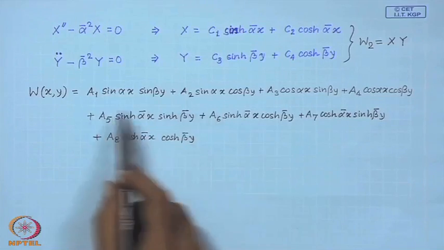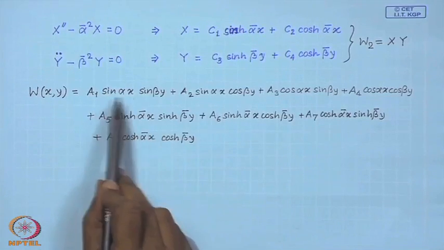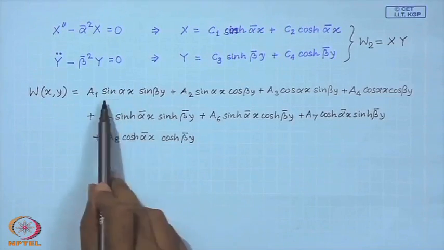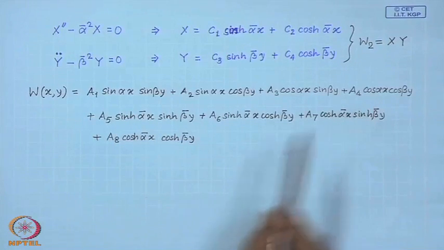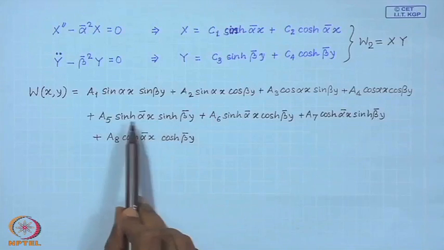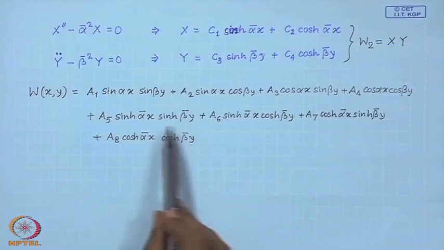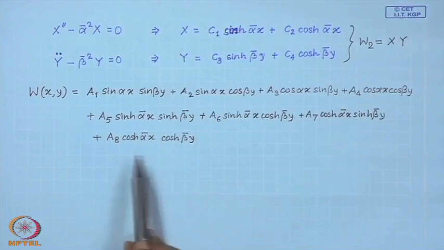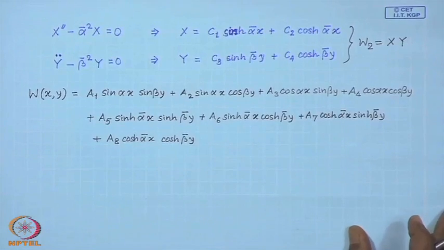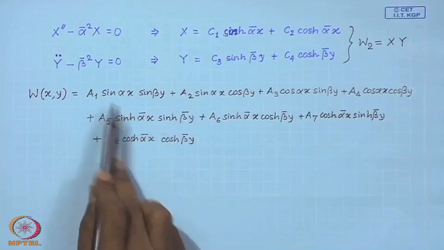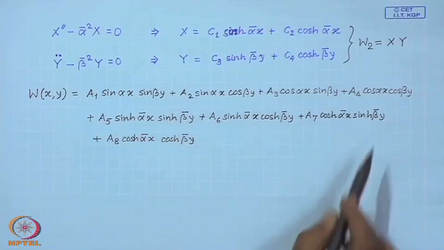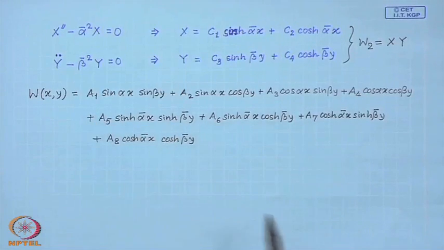So now you can see here that we have product of the trigonometric functions in x y direction and product of the hyperbolic functions separately again in x y directions. In this class of solutions, there is no product of trigonometric and the hyperbolic functions. So, we can intuitively have an idea that this is not general enough.